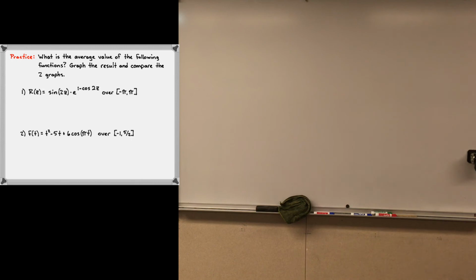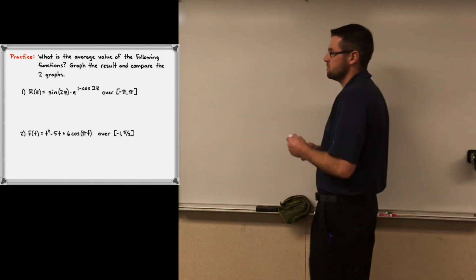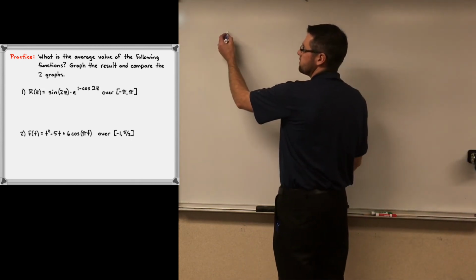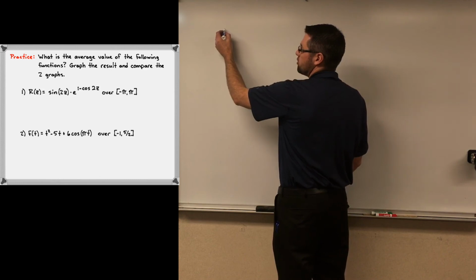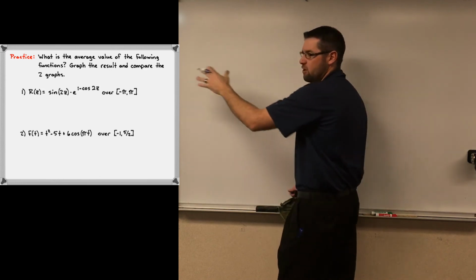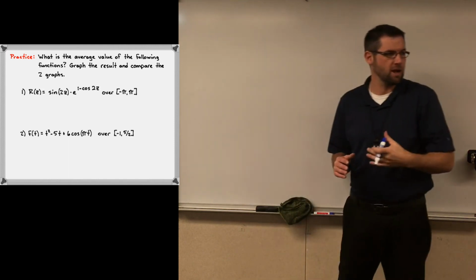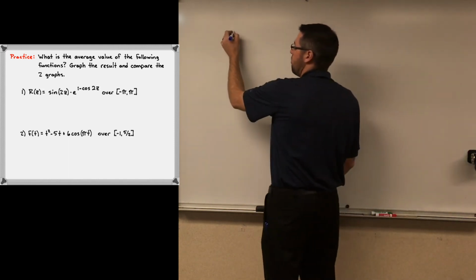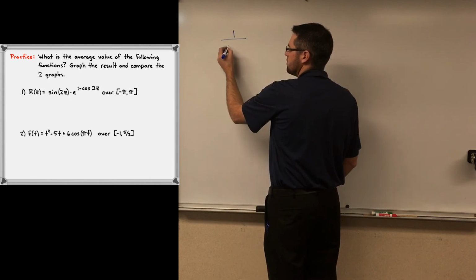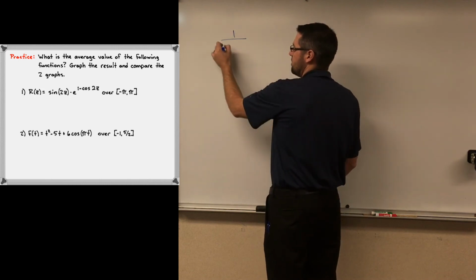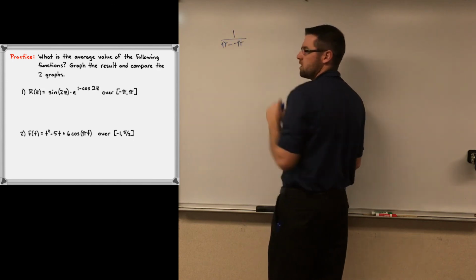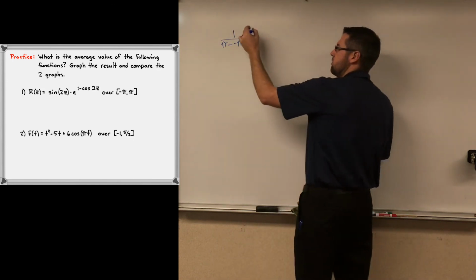On the first one, did you guys get an answer? 0. So what's the equation? No, I know the integral, but what am I writing down to find the average value? 1 over... No. It's the upper bound minus the lower bound. You guys follow me on that? Then what?